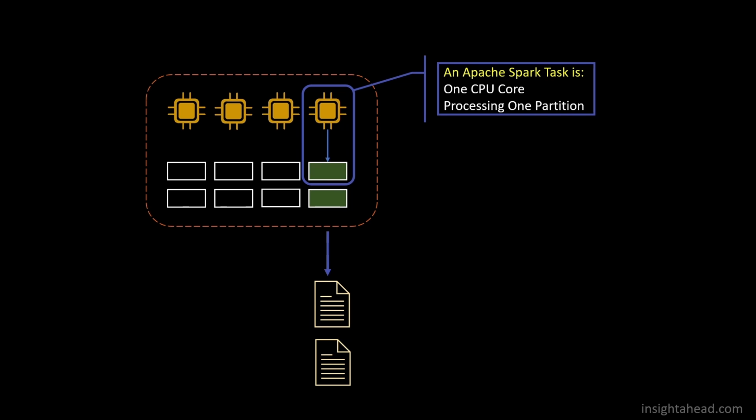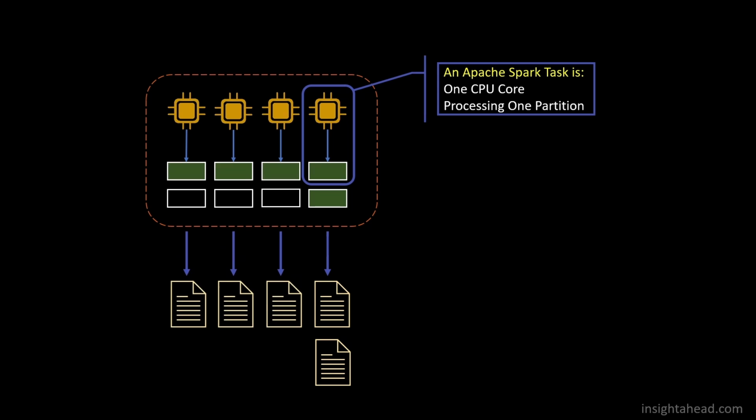Because this is a parallel processing system, all the CPU cores will be working at the same time, so all 4 CPU cores are processing the data at the same time and producing files. When a core is done processing one partition, it moves on with the other one. And just in case an error occurs, of course, you will also have no file for that. So this is how Apache Spark generally works.